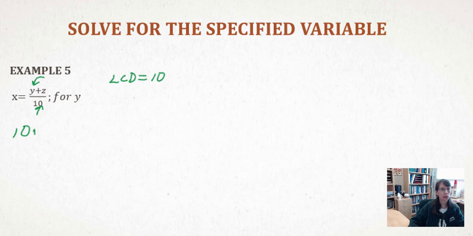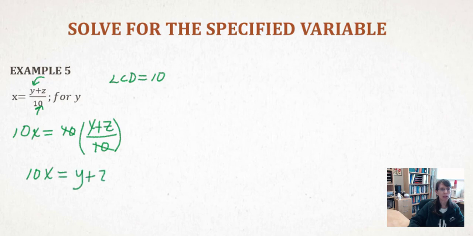So 10 multiplied by x would equal 10 multiplied by the fraction, which was y plus z divided by 10. You'll notice that 10 divided by 10 eliminates. So we're left with 10x now equals y plus z. To isolate the variable y, we simply subtract z from each side of the equation.